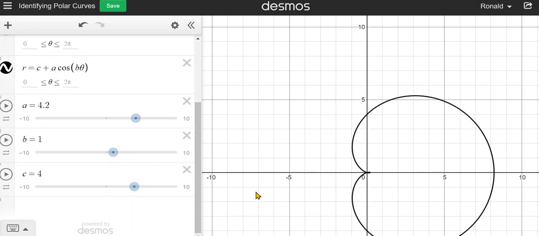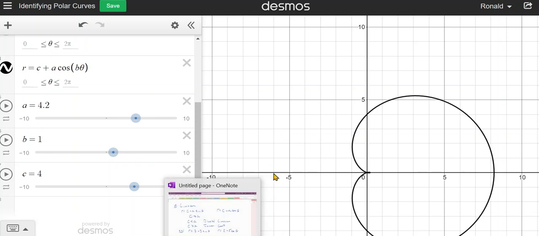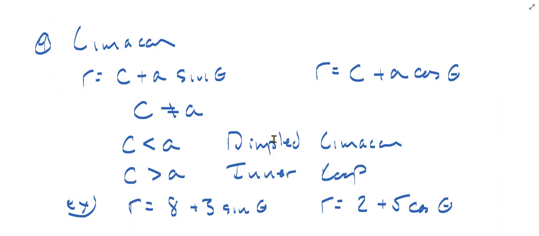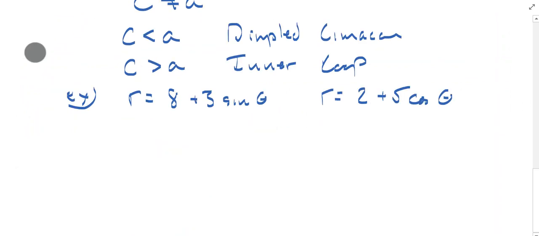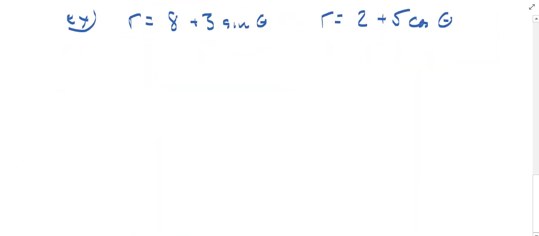Okay, those are the basic types of polar curves that we're going to be looking at in this particular video. There are other polar curves. Very quickly, we have the polar curve r is equal to some constant a.